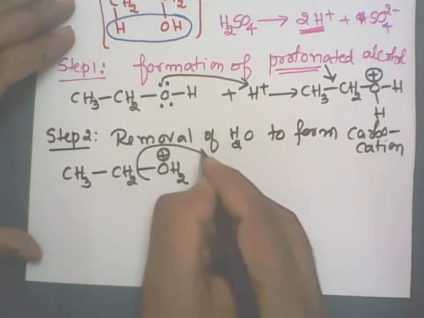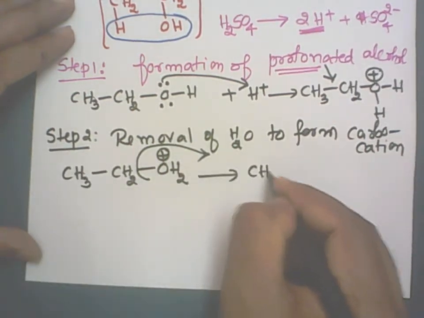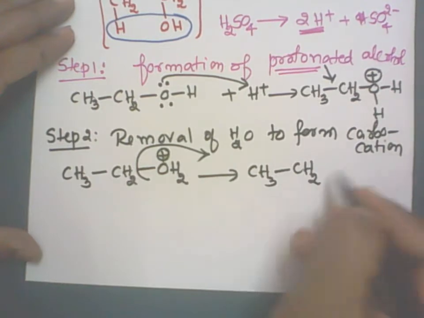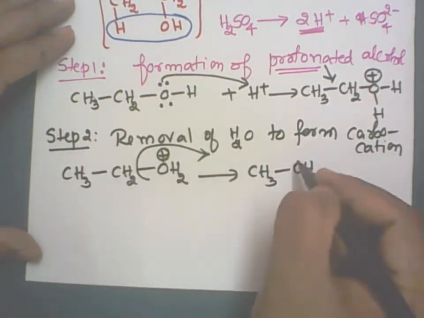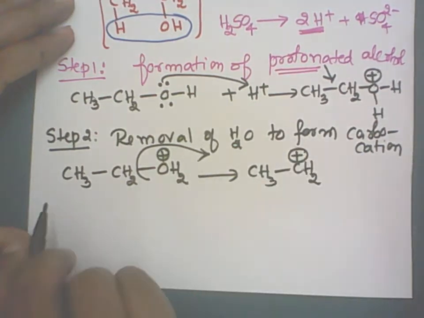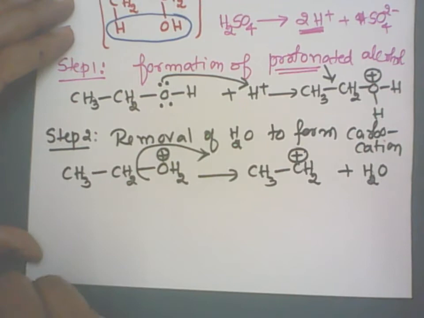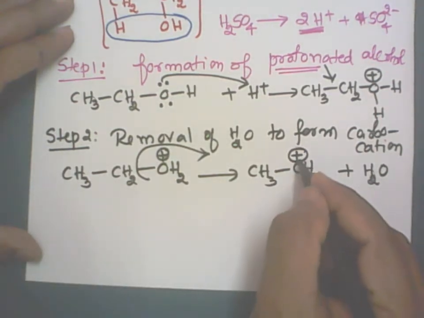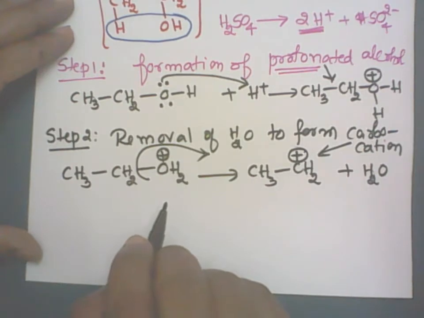Actually, this bond breaks like this to give CH3CH2. See, this carbon has a shortage of a bond because the bond has broken, so it carries a plus charge, and water is neutral, H2O. Now this is called the carbocation, the carbon carrying the positive charge.